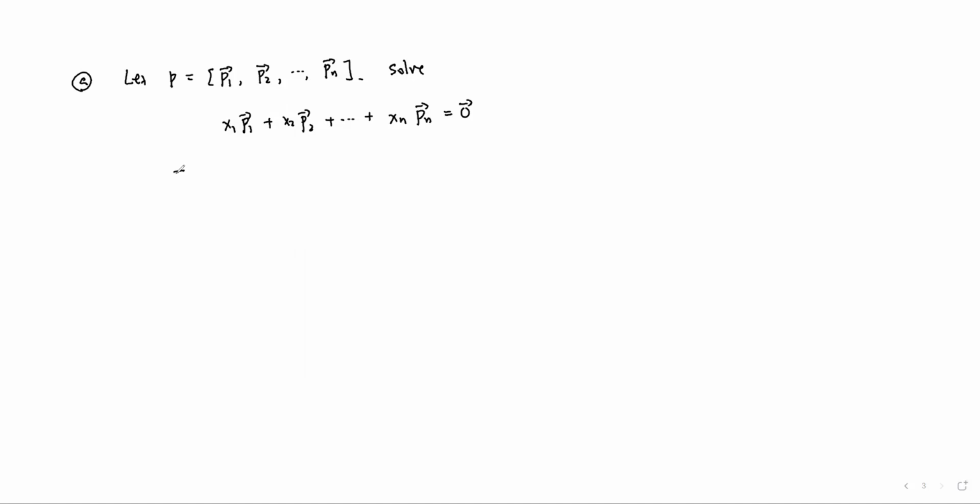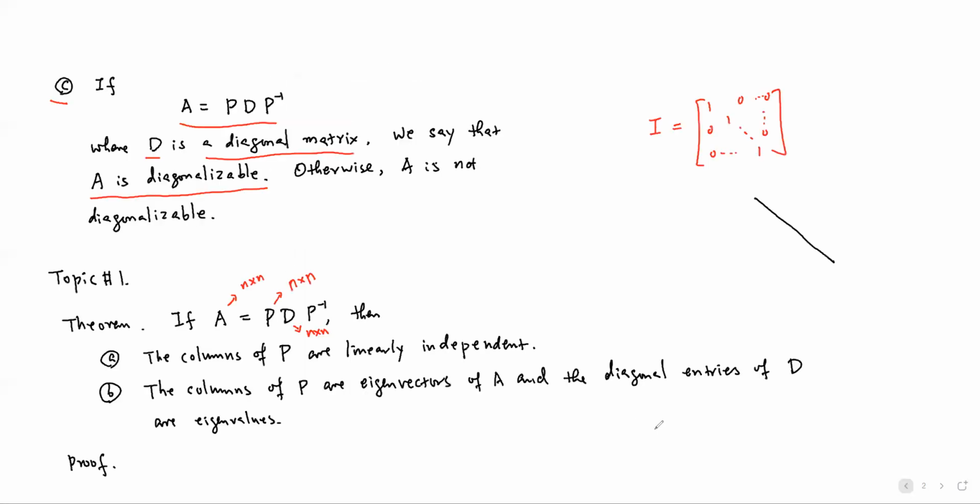But this equation is the same as this matrix equation. The left side actually is the matrix P times the vector X. But P is invertible.